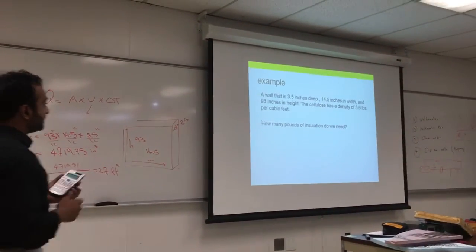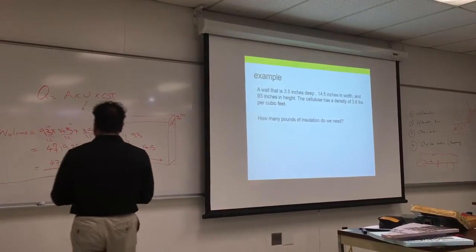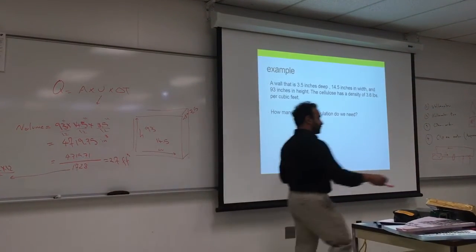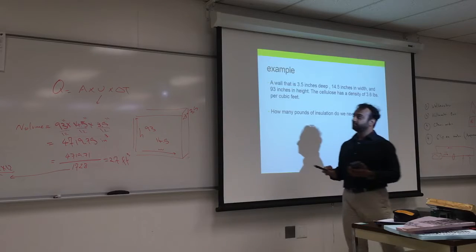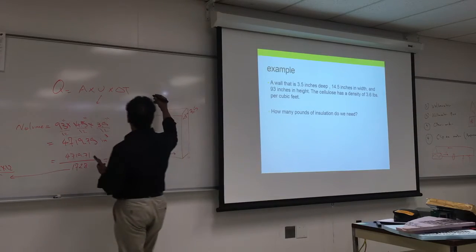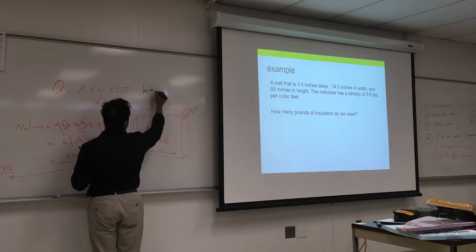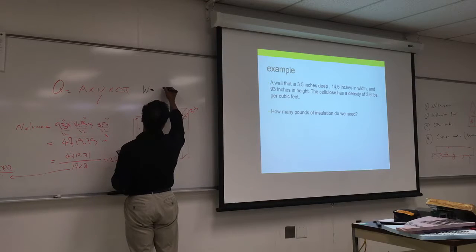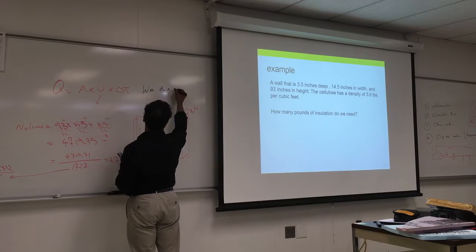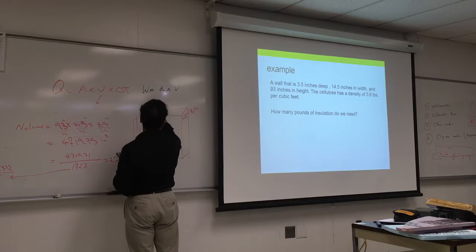So how many pounds? For the weight here, with the volume 2.7, weight equals density times volume.